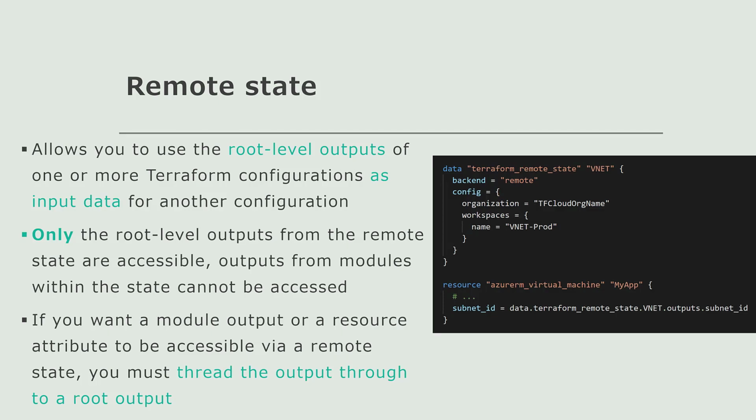And at the top root level is where you're taking the output value and making that available. That's what's going to be stored in the state file for the execution, and that's what's going to be referenced in this type of an example.